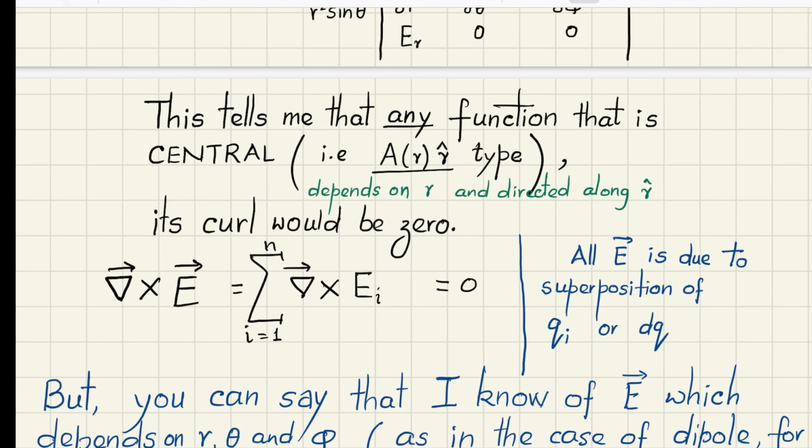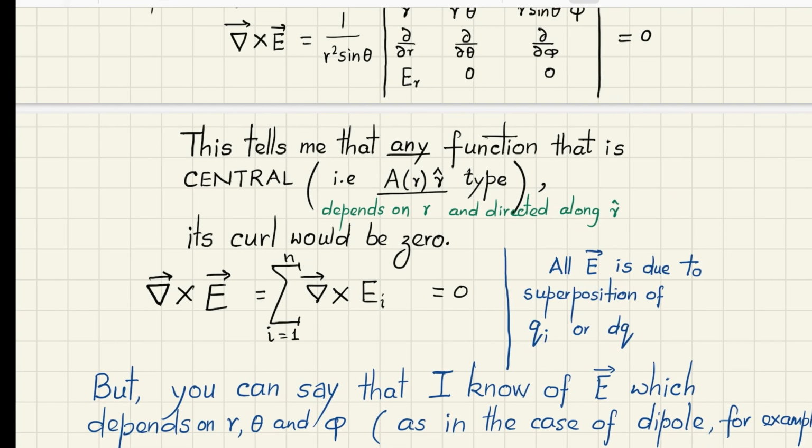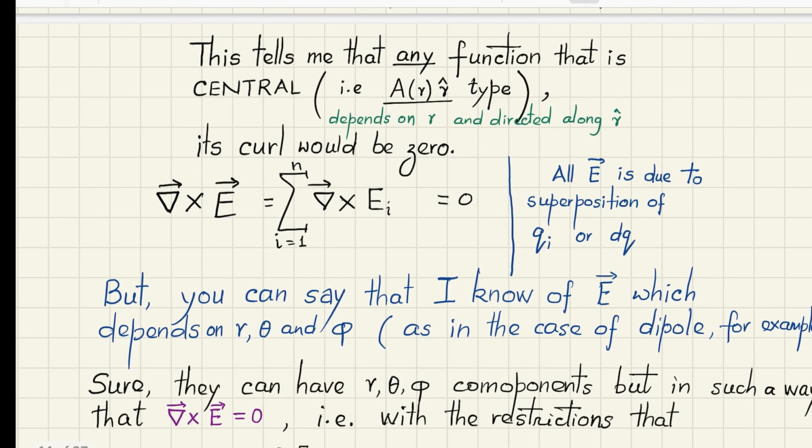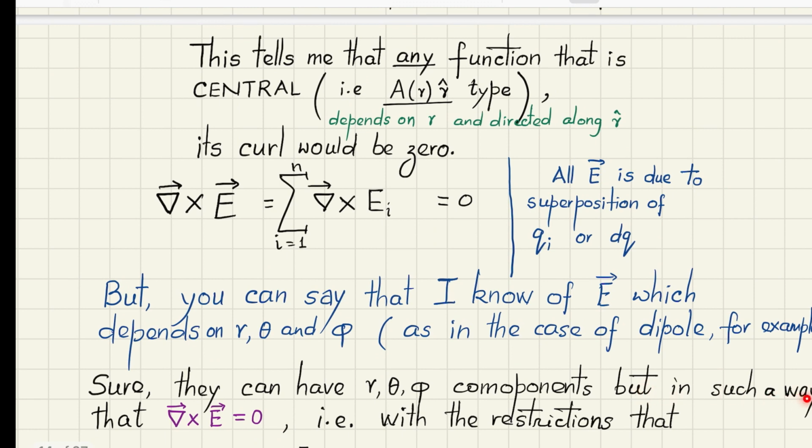But you can say that I know of E which depends on r, theta and phi. For example, you might have seen the example of dipoles, which has both r and theta components. Sure, you can have r, theta, phi components, but in such a way that del cross E is 0. That's a condition still.